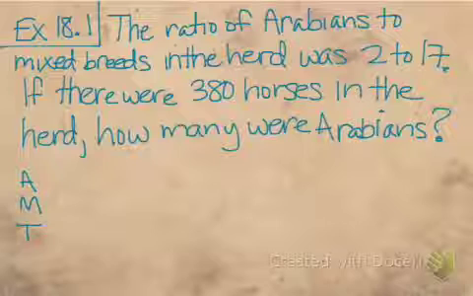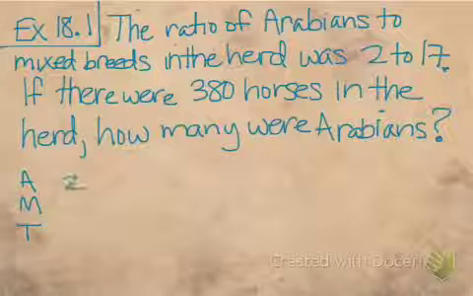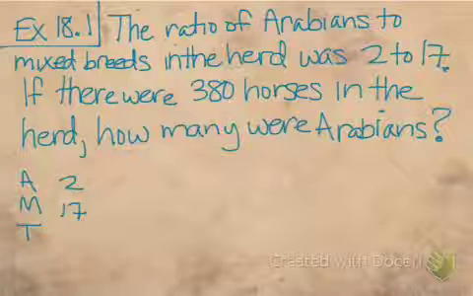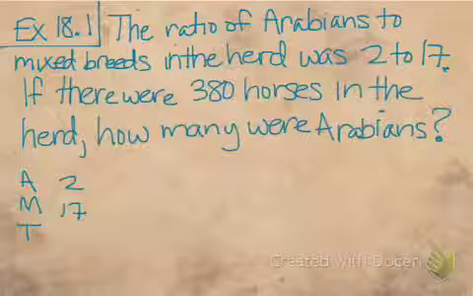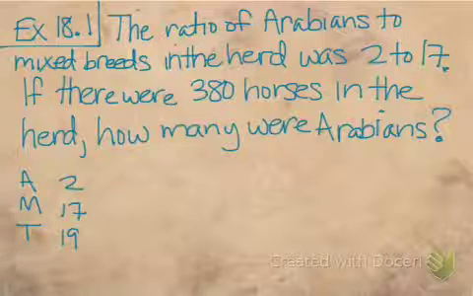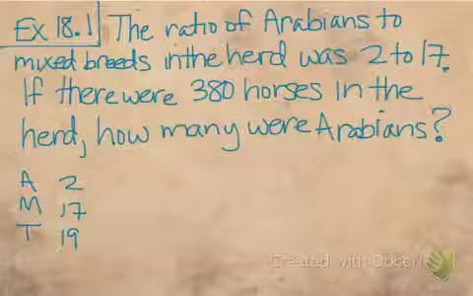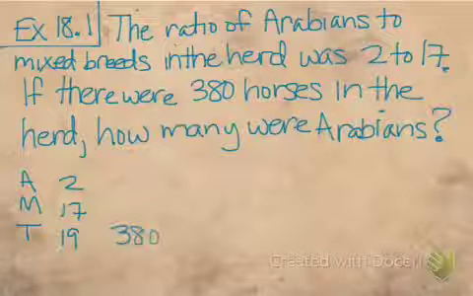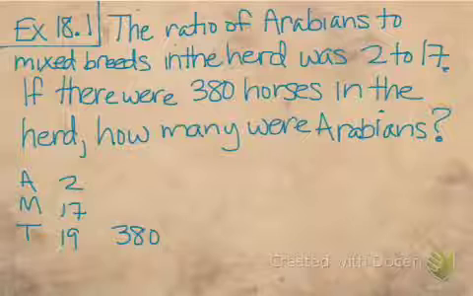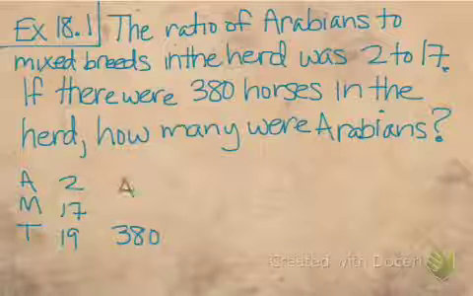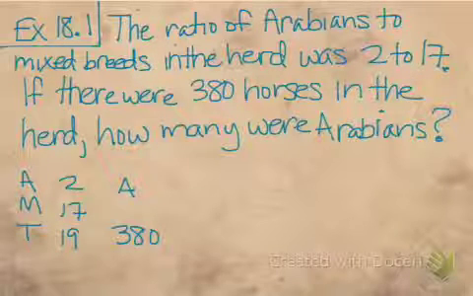So we know we're given 2 Arabians to 17 mixed breeds, and we can find the total there. 2 plus 17 is 19. And then it says if there were 380 horses in the herd, so that's saying if there are 380 total, how many were Arabians? So we just put an A for Arabians.